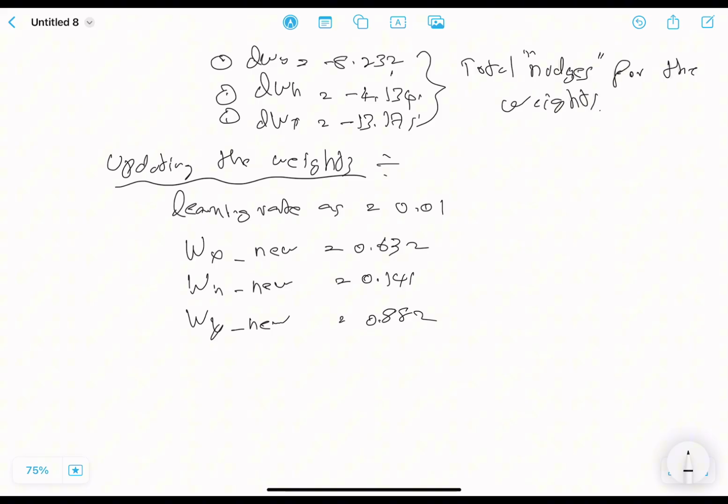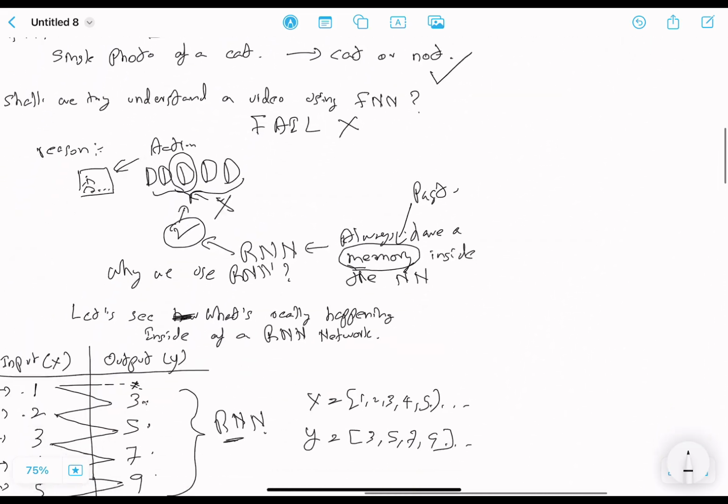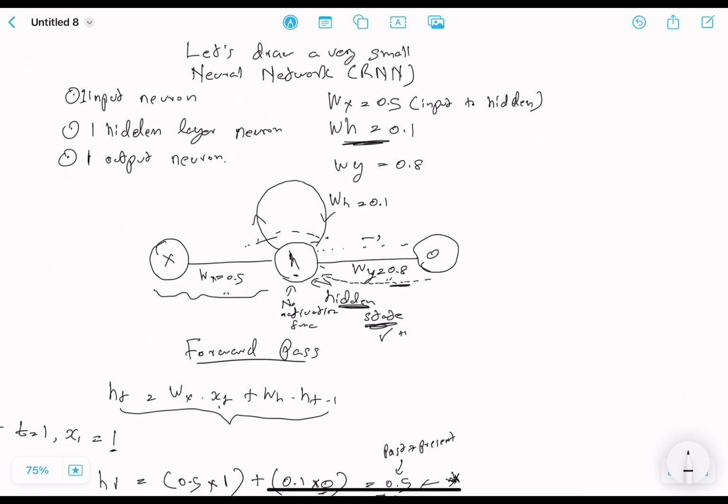So that's basically how these recurrent neural networks work. Since this is a very primary recurrent neural network, in practice we will have an activation function in these neurons, especially in the hidden state. The most common ones are like tanh. In such cases we will need to find derivatives as well when doing backpropagation, but for simplicity I haven't included any of those in this example.